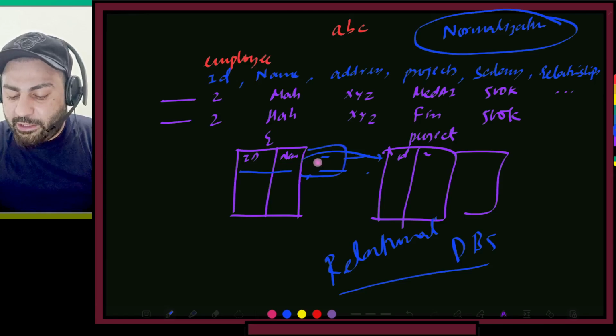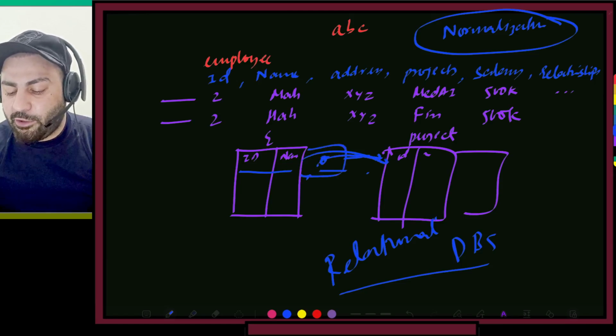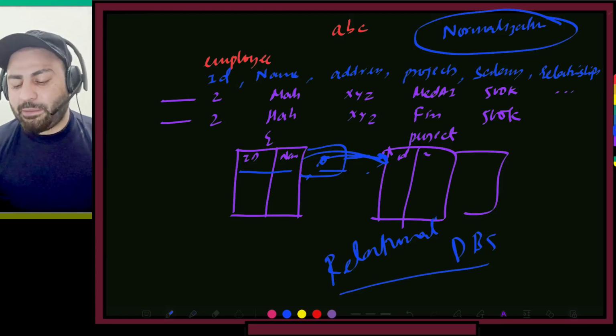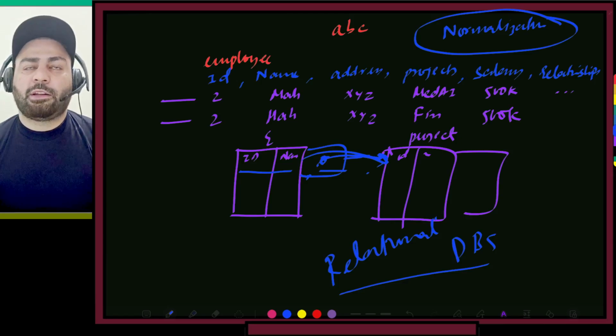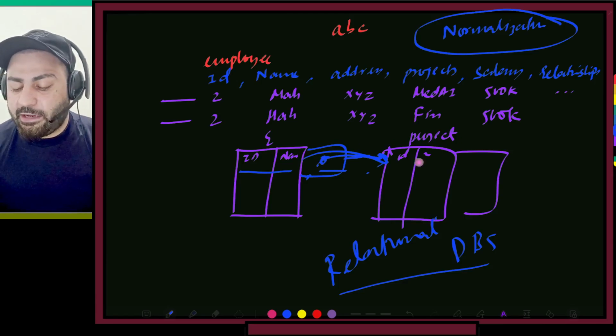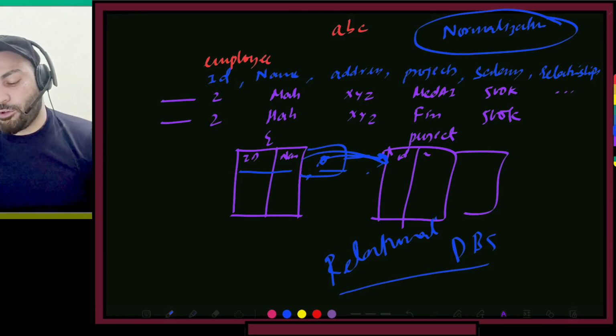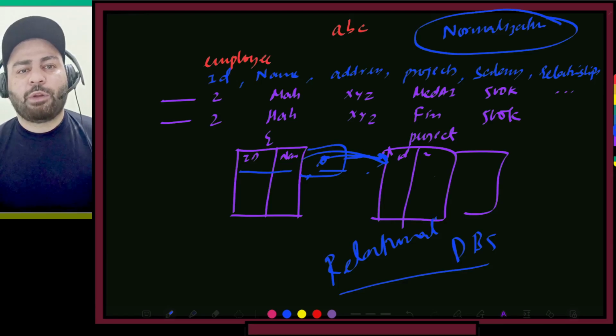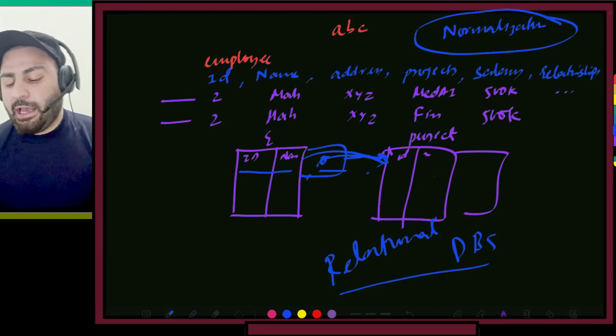You will just see Mahmood working on this project, then you will directly go to that project and see the details about the project. If Mahmood is working on some other project, you will not need to replicate the information, you will just refer to that project. The project will have a lot of information again, so you don't need to have just one table, you will have different tables. And to remove these redundancies, we use this normalization.